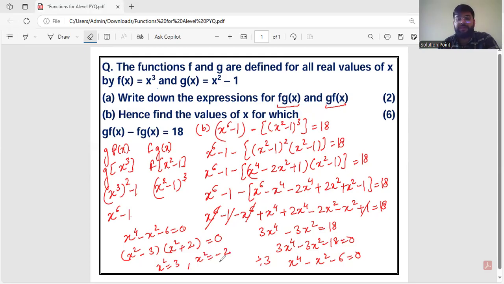But definitely this value is not possible because for any value of x, if we square it, we will never get a negative value. So we need to reject this value. So x squared is 3, which means that x is equal to plus or minus root 3. So the value of x will be x equals plus or minus root 3, which is the solution.